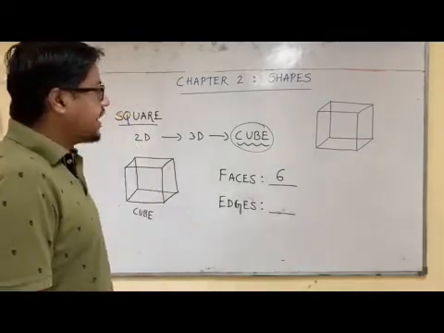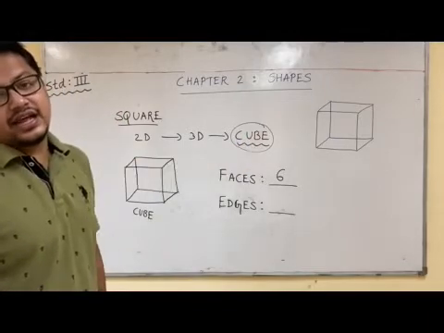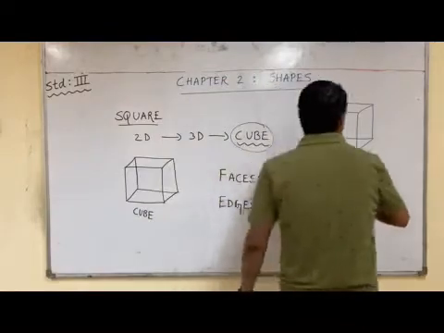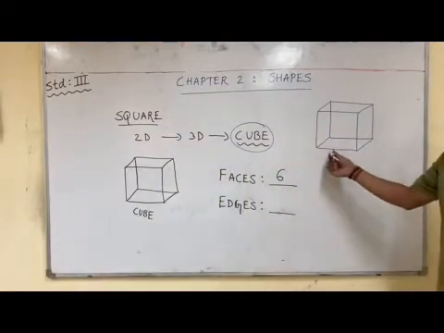Okay. Now next is number of edges. Now what is the meaning of edges? How many lines are there in a cube? That will be called edges. So sir will do it properly. Just see. I am using this blue ink to draw the cube.